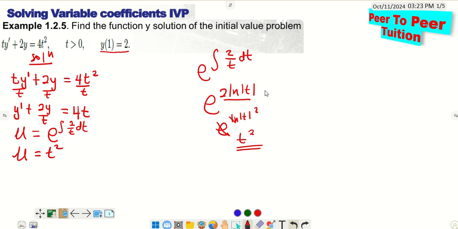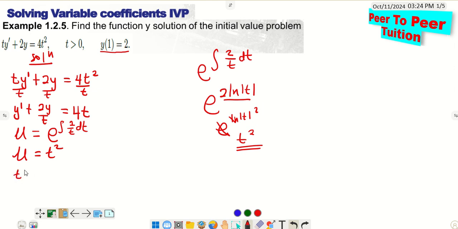The arbitrary constant is not important because when we multiply it through, it will cancel, so there's no need of bringing it. So that is our integrating factor. The next thing is to multiply through by this integrating factor. So I'll multiply this by t squared.